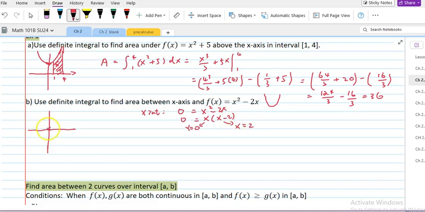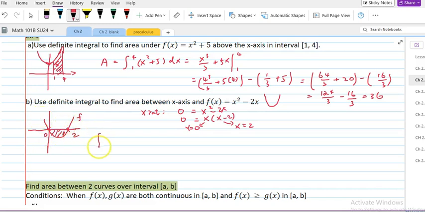So I know to graph this, it would be like this. This is 0, and this is 2, and this is my f of x. My x-axis is here. The area between them would be this. It turns out that the x-axis is at the top and the graph is below, right?